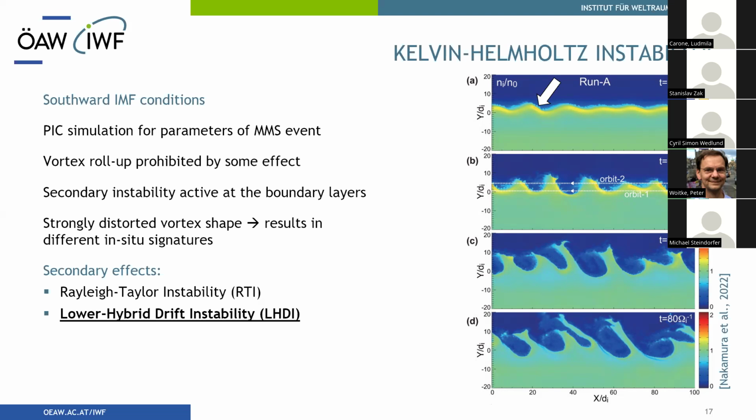And you see that a lot of plasma is transported from this high density region onto the low density side. Now, for Kelvin-Helmholtz vortices, what you usually expect to have is very sharp boundaries. So if you would fly a spacecraft through these vortices, you would see these structures and these perturbations. You would probably not think of Kelvin-Helmholtz in the data.